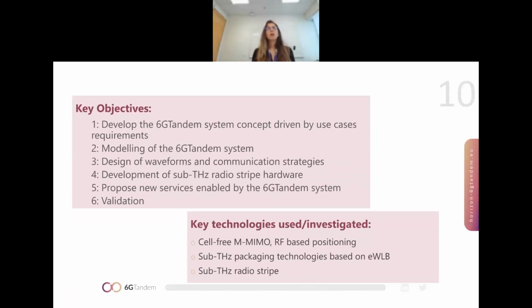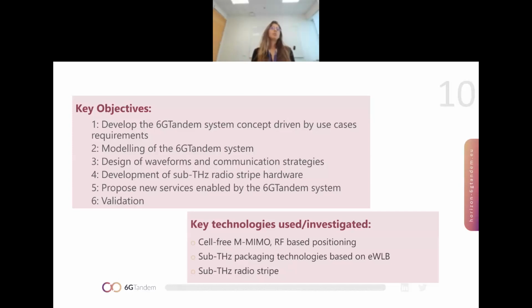So the key objectives are first to develop the 6G-Tandem system concept driven by use cases. And second is modeling of the 6G-Tandem system. You need to have these hardware impairment models, especially at sub-terahertz. They are quite needed, and we need to then address these waveforms and communication strategies that optimize this tandem operation.